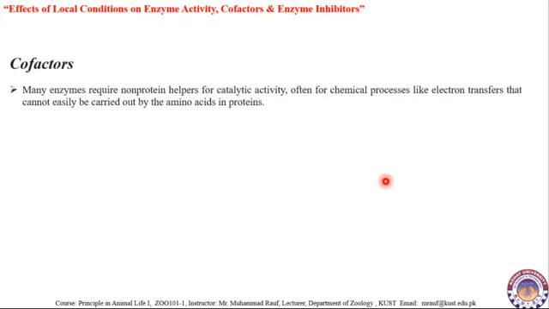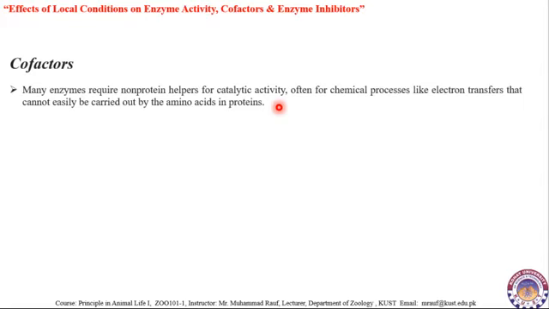Now, cofactors. Many enzymes require non-protein helpers for catalytic activity, often for chemical processes like electron transfer, that cannot easily be carried out by the amino acids in proteins. The amino acids lining the active site interact with the substrate molecules.